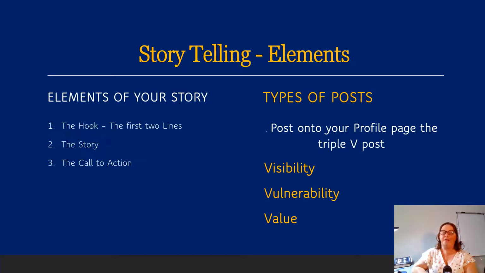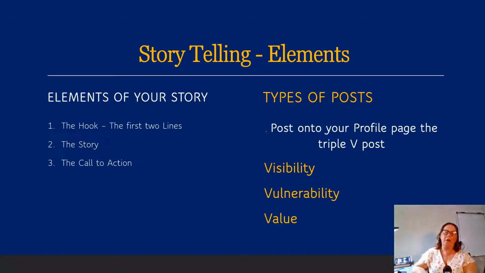Now, the advantages of people joining your group may not be about your daily posts, but it could be things like your training. There's things exclusive to that group as well. Now, there's a thing called triple V post. Triple V post is you're actually becoming visible, you're actually demonstrating vulnerability, and you add value to the post again.